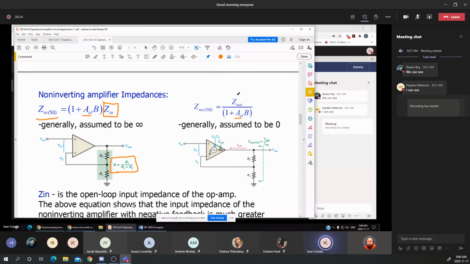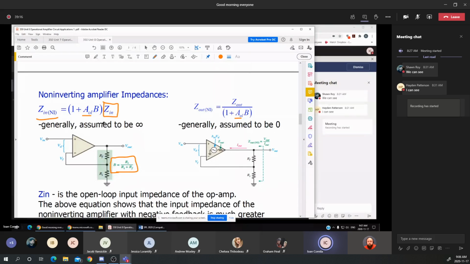In the same way, I can give you some ideas about the Zout. I mentioned that the Zout is usually around 100 ohms. If it's connected in a feedback network as a non-inverting amplifier, the Zout becomes probably less than 1 ohm. It can be anywhere, 0.05, 0.5, 0.001, and so on. It means that it will reduce the Zout, or the output impedance of an op amp.